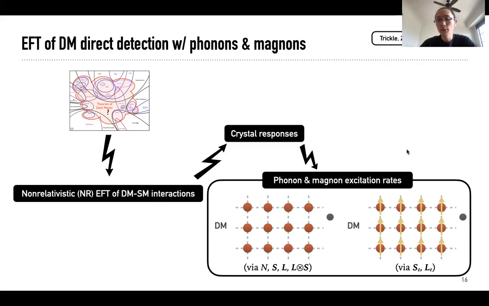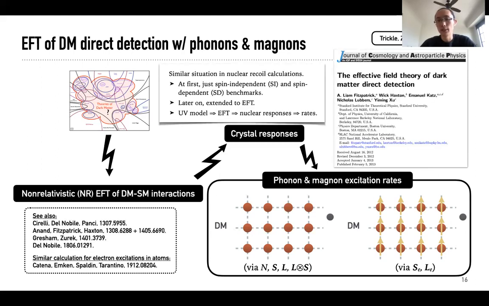Most of the studies were carried out in very specific models, just as in the nuclear recoil searches, spin independent and spin dependent, and here it's the dark photon mediator coupling to charge, or simple scalar mediators. But really, the theory space is supposed to be much larger, and we want to know how to do the calculation for general theories. That's the main motivation for this.